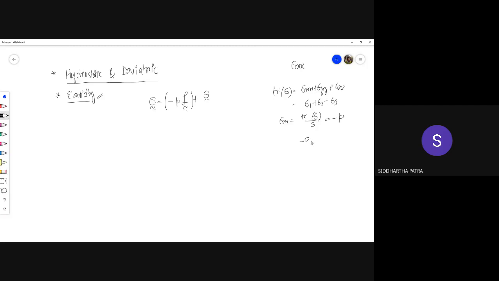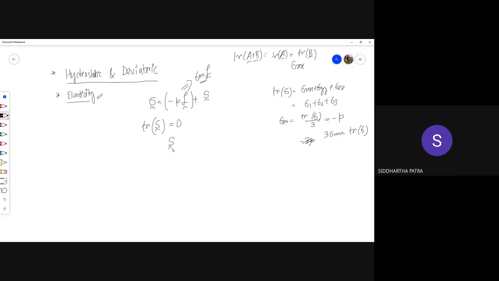Because minus 3p, because this part is essentially sigma m times I, or 3 sigma m, is essentially the trace of this tensor, which is essentially the trace of the stress tensor. Since the trace is a linear operation, the trace of a plus b is obviously the trace of a plus the trace of b. That basically means the trace of the deviatoric stress tensor is 0.